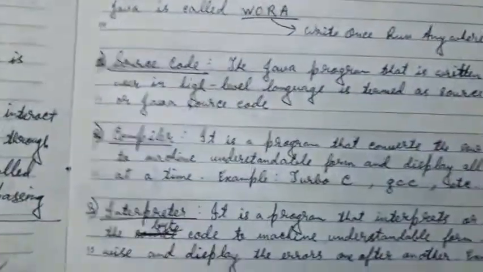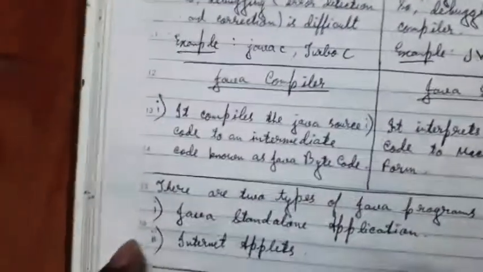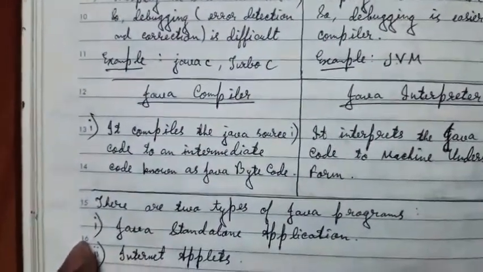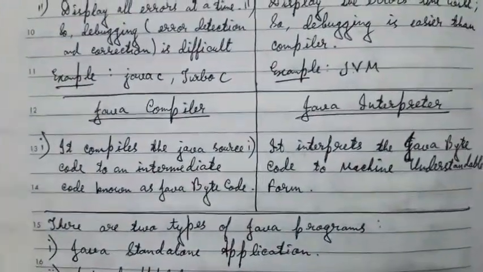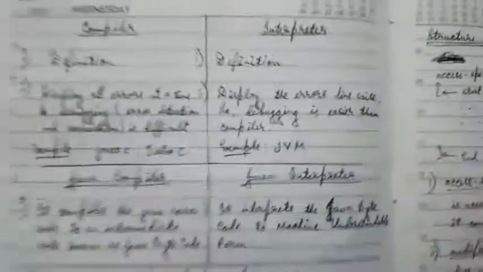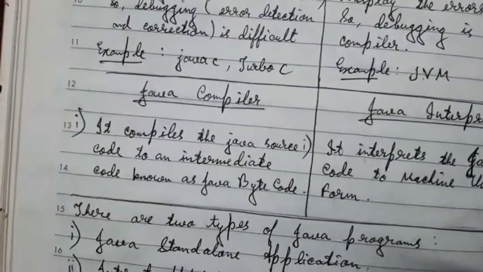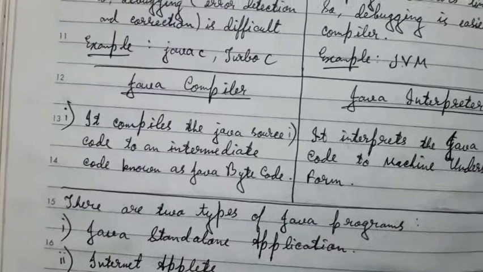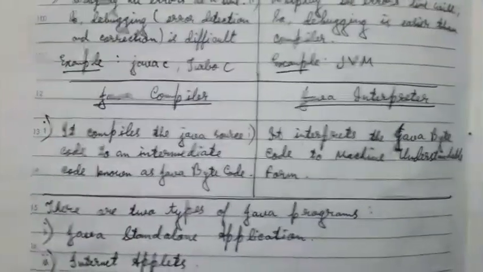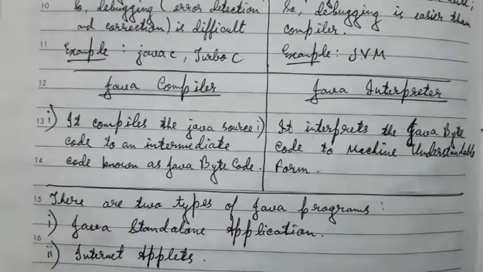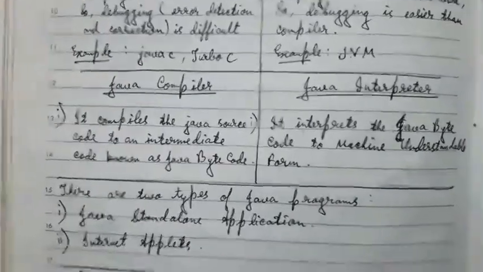Now here we discussed that a compiler converts the source code to machine understandable form, but here we are discussing Java source code to intermediate code. You might ask me that the compiler is the same, so why are the definitions different? No, the definitions are not different.